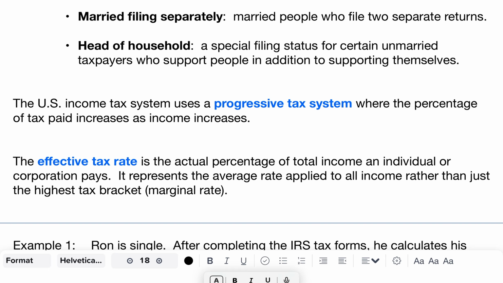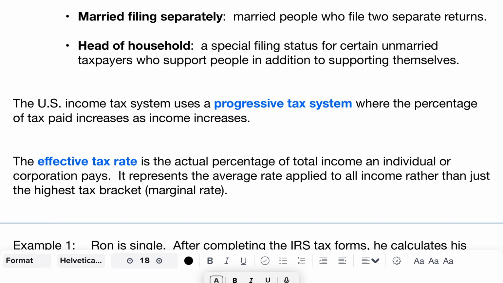Okay, so what this means is if you make, for example, $100,000 of taxable income in a given year, and these aren't the exact numbers, but let's say if you make up to $30,000 of your $100,000 income, you're going to be taxed at a certain percentage.